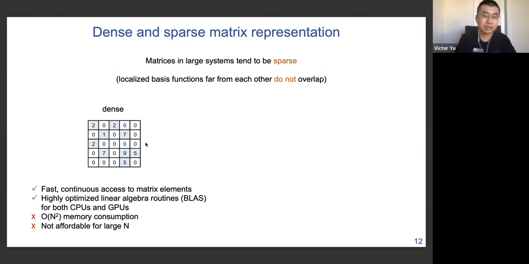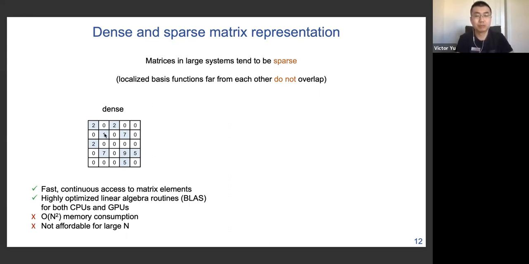So the dense storage is straightforward. It's basically the same as the mathematical representation. The memory access in this dense storage is trivial because you have continuous access to the matrix elements. And there are highly optimized linear algebra routines, for example, the BLAS routines for both CPUs and GPUs.